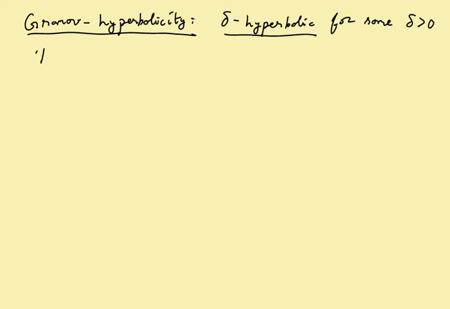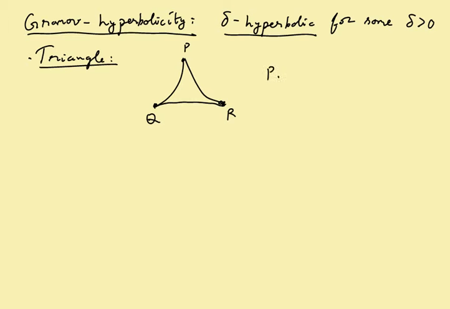Okay, so let's take a triangle. What is a triangle? So a triangle is, we have three vertices, P, Q, R in X. Okay, and we have sides L1, L2 and L3.